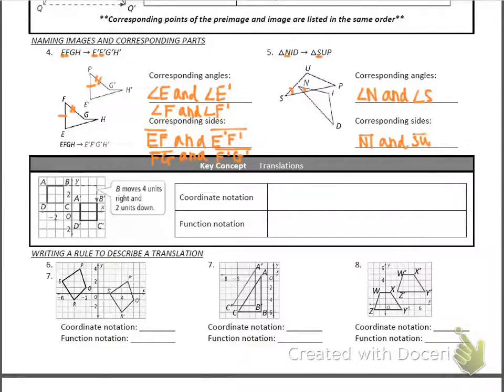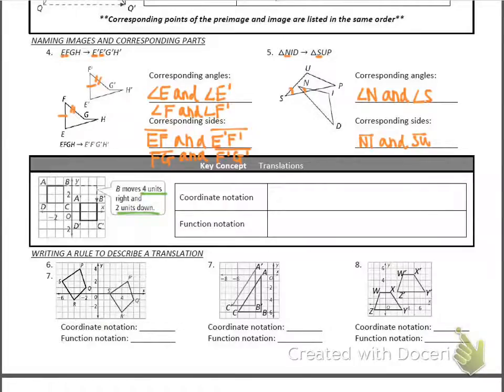SU, good. Okay. So with our rigid motions, the first type that we're going to talk about today are translations. A translation is when we slide the pre-image either right, left, up, or down. So in the picture I gave you, we have square ABCD, and we moved it 4 units to the right and 2 units down.